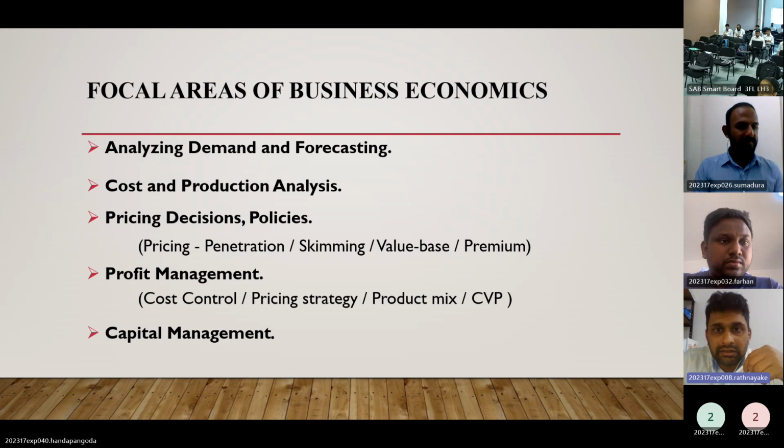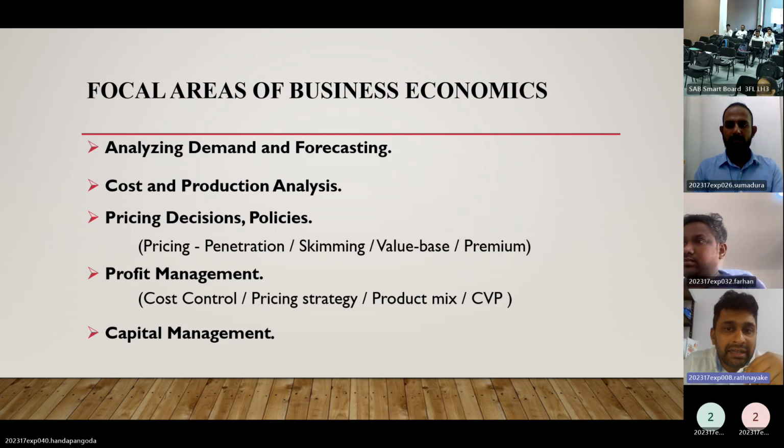In this overview, we look at the 5 key focal areas to the success and sustainability of an organization. The first one is demand analysis and forecasting. It enables business to understand customer need, customize products, and plan production efficiently. Demand analysis contributes to identifying several elements such as price, income, and consumer taste, and it helps to provide direction for managing demand.